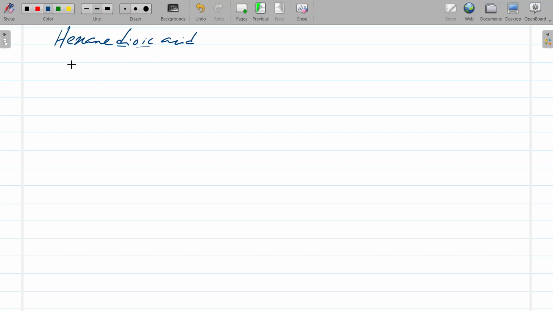So this is what it looks like. Now they've written it reversed on this side. This is its, what was it, structural formula, sort of.